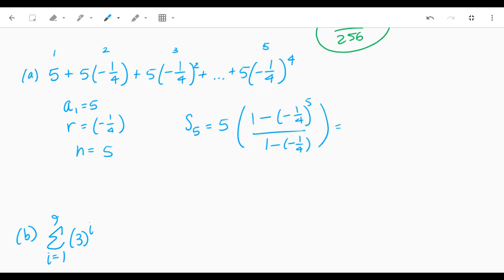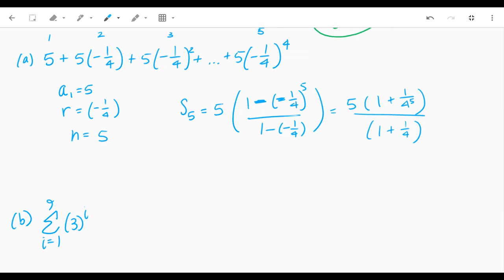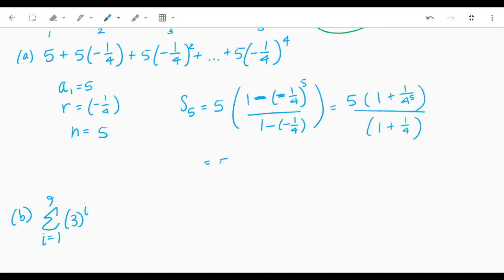So again, we'll have 5 times 1. Now, when I take that negative 1/4 to the 5th power, it's going to be negative. Okay, so I'll have minus a negative. Okay, so this one is going to be plus 1 to the 5th over 4 to the 5th over 1 plus 1/4.